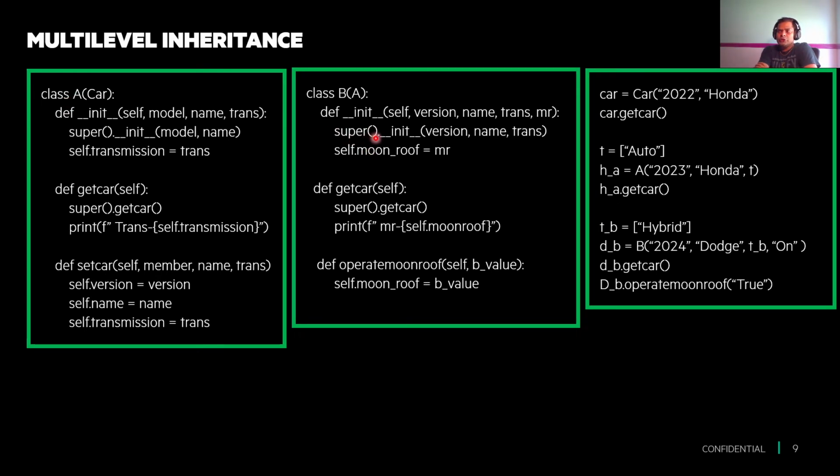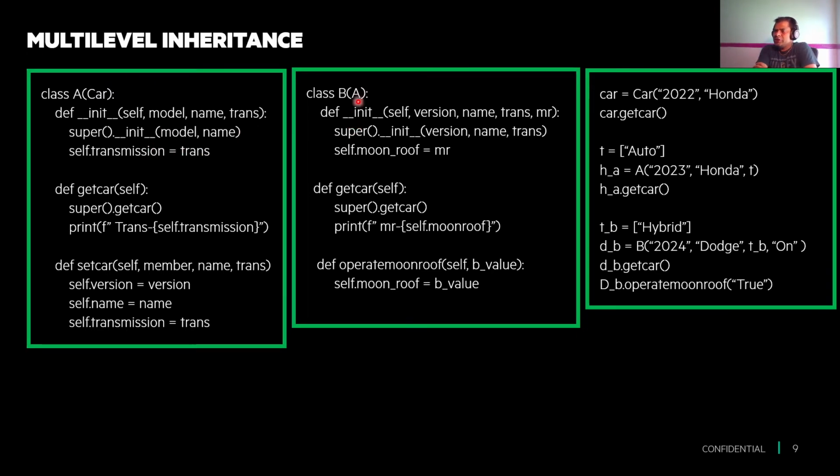Now we are calling super. So super is going to call the class A or class car. As per our previous definition, super goes to the parent function. So whenever we are saying super inside the B, it is saying the function which is derived in the A, and again it is linked to the car, so it goes on.